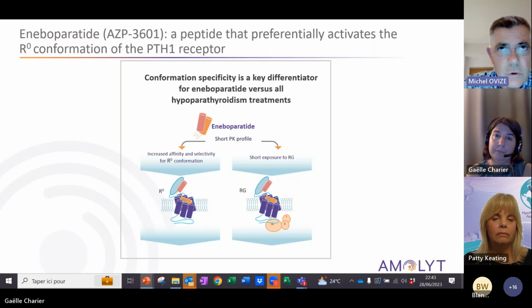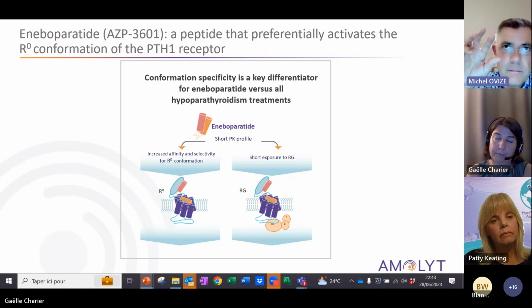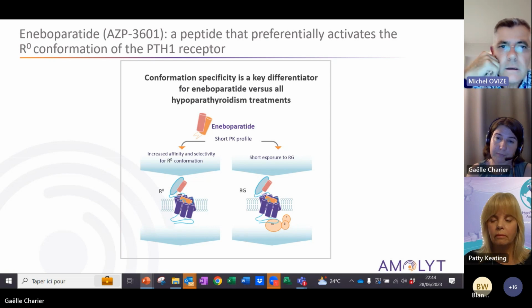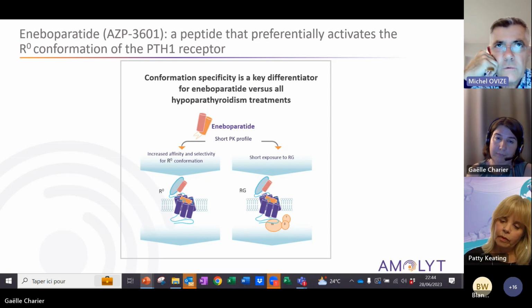It stays very short in the blood, but once the drug has bound to the receptor of PTH, it goes into the cell, and it certainly disappears from the blood, but it keeps being very active in the cell for up to 24 hours, and it is protecting and acting within the cells and not within the blood.